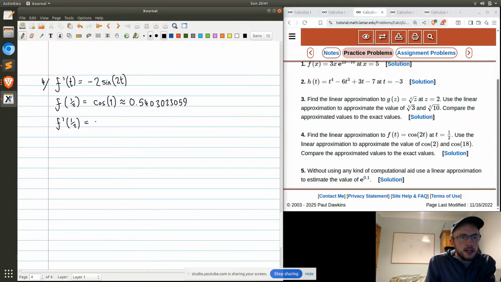All right, and then f prime should be negative 2 times sine of 1, which is approximately negative 1.68294197.